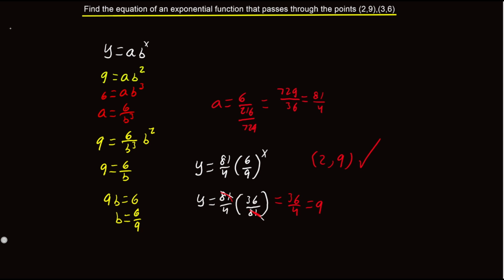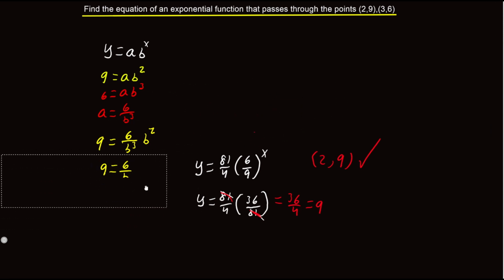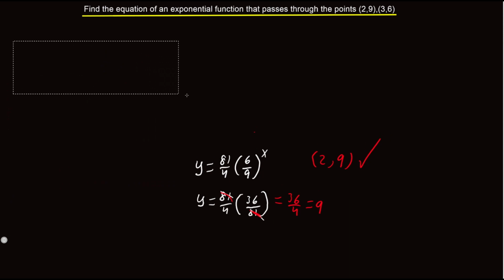And our equation satisfies that this is the point it crosses through. And we'll go ahead and test out x is equal to 3. By doing that, we should get that our y value should be 6. So let's go ahead and do that. So we have y is equal to 81 divided by 4 times 216 divided by 729.